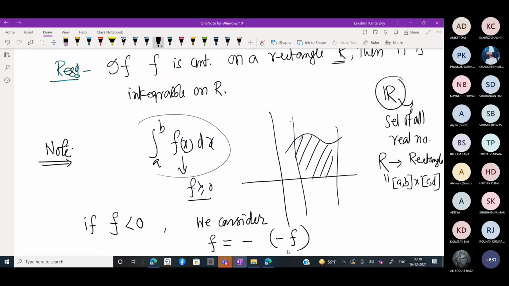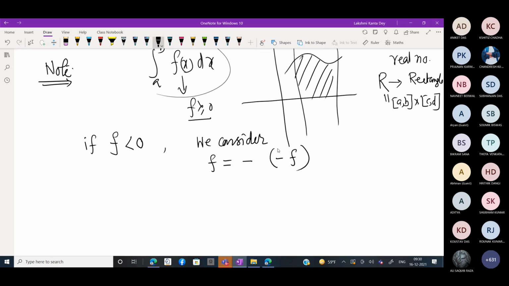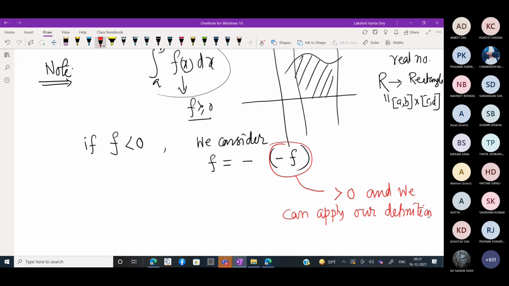Now look at it. This function minus f becomes positive, greater than 0, and we can apply our definition for minus f.